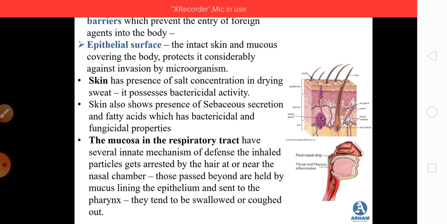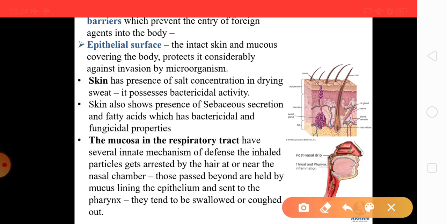And those particles that pass beyond this hair layer are held by the mucous lining, the epithelium. The epithelium has a mucous lining in the nasal chamber. The particles which pass beyond the hair layer are held by this mucous lining, and then they are sent to a region known as the pharynx.